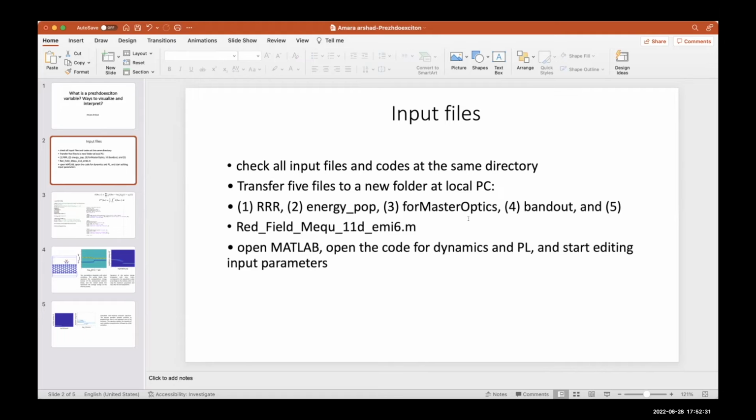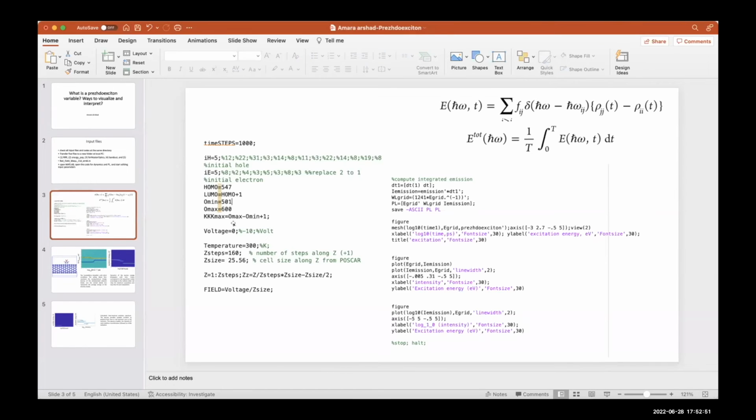We need to make sure that all the files have the same number of lines. So we use them in the same folder with the MATLAB code, and then we open the MATLAB code and make some changes in the input parameters.